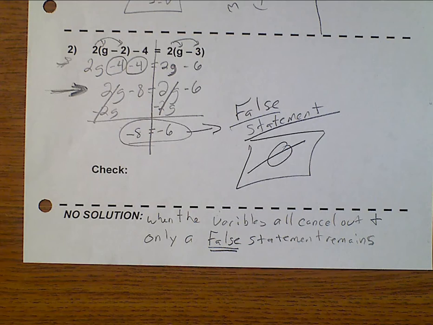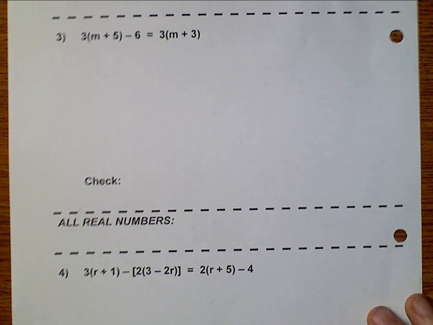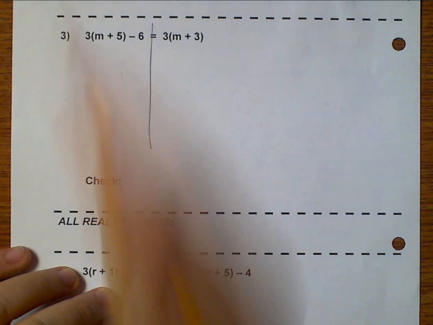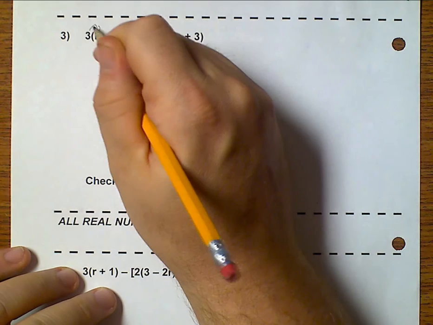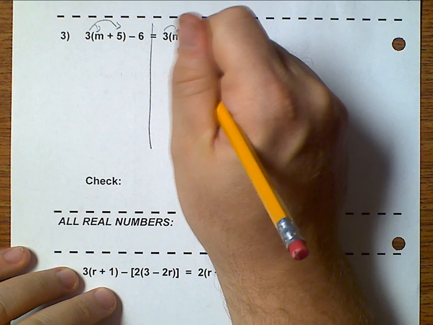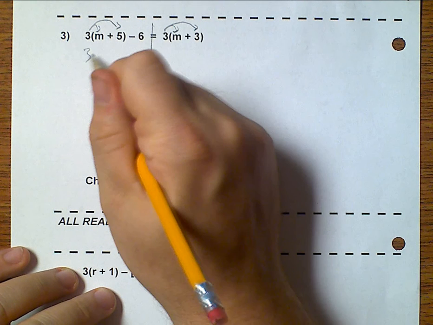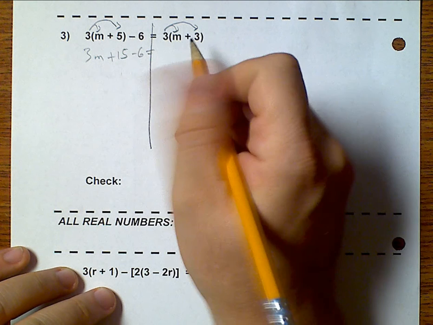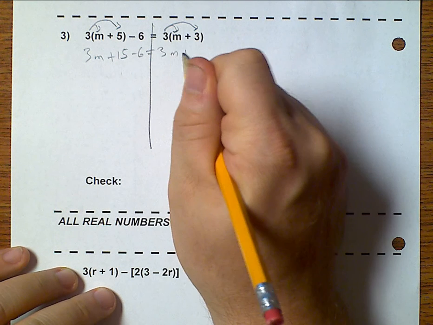Let's go ahead and move to the back. Again, we want to simplify both sides. So this becomes 3m plus 15 minus 6, and then 3m plus 3.